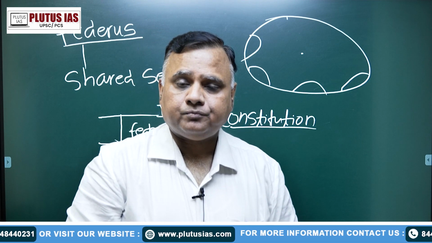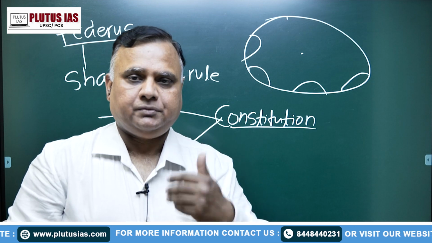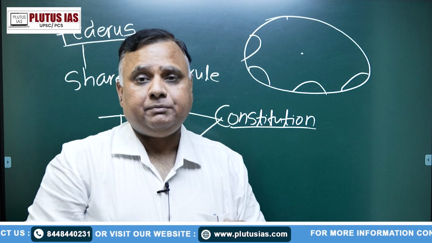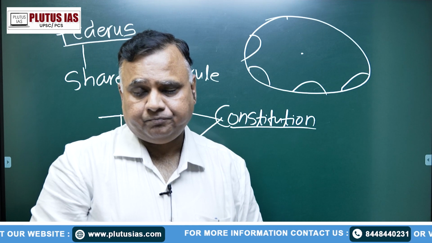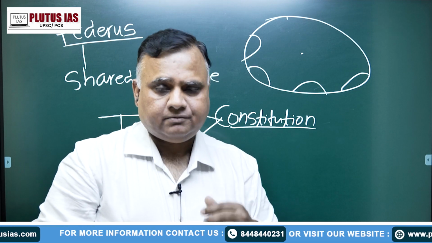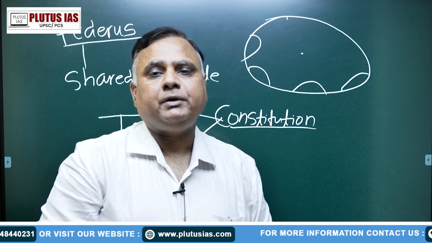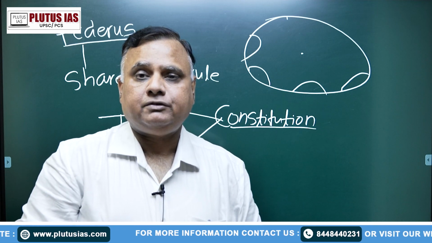Similarly, in USA, United States of America, which is truly federal, the name itself is self-explanatory and focuses on states. The 50 stars of the American flag represent 50 states.